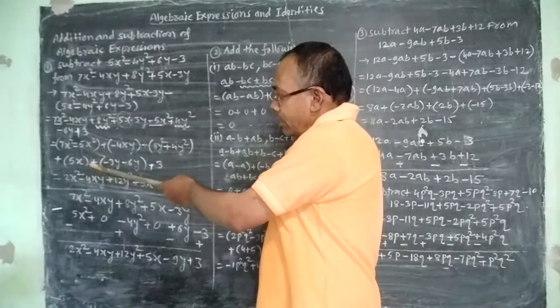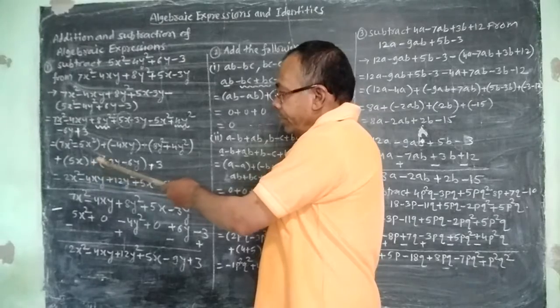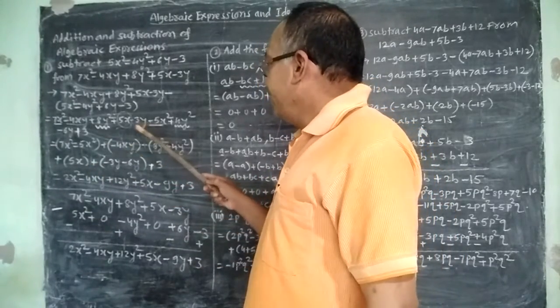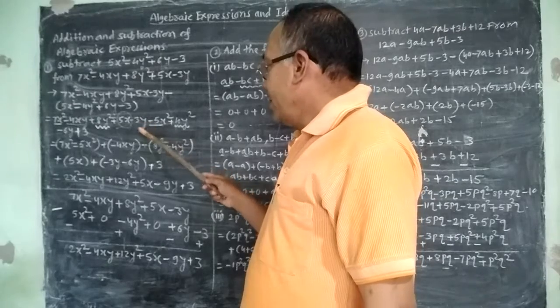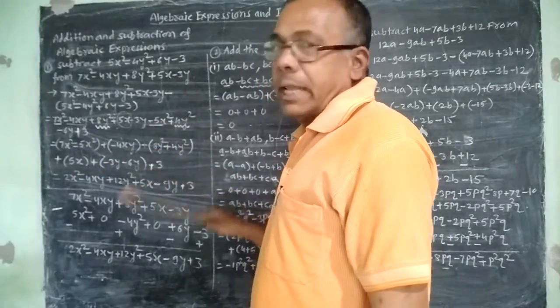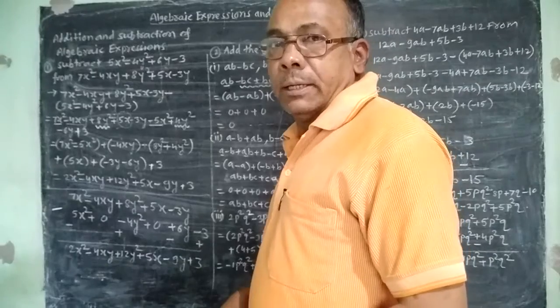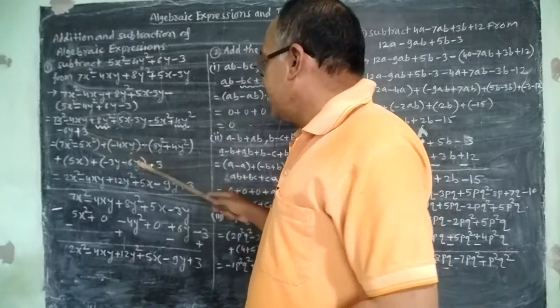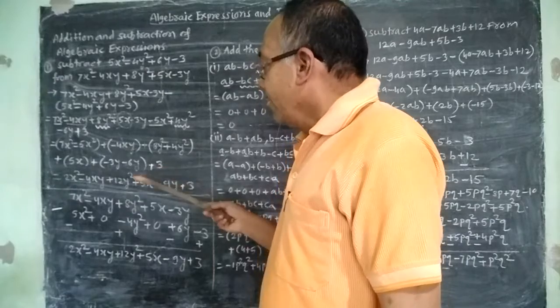So complete the bracket, then plus into the next bracket minus 3y, and its like term is minus 6y. So here all the like terms I have collected in single bracket, then plus 3 as it is.